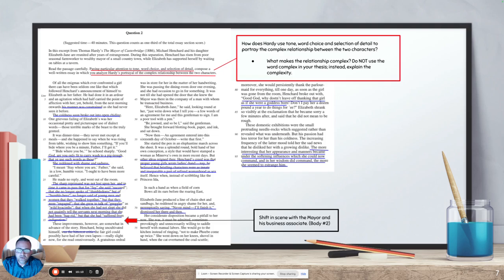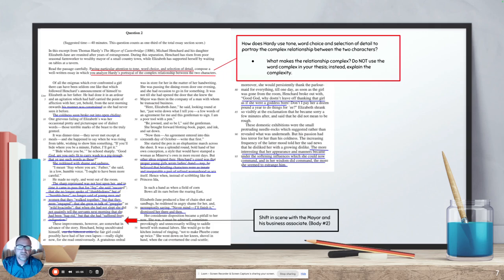Don't I pay her £12 a year to do things for ye?" Elizabeth shrank so visibly at the exclamation that he became sorry a few minutes after, and said that he did not mean to be rough. These domestic exhibitions were the small protruding needle rocks, which suggested rather than revealed what was underneath. But his passion had less terror for her than his coldness. The increasing frequency of the latter mood told her the sad news that he disliked her with a growing dislike. The more interesting that her appearance and manners became under the softening influences which she could now command, and in her wisdom did command, the more she seemed to estrange him.